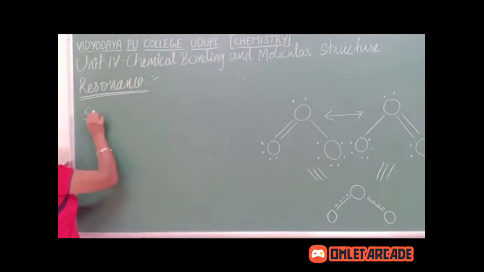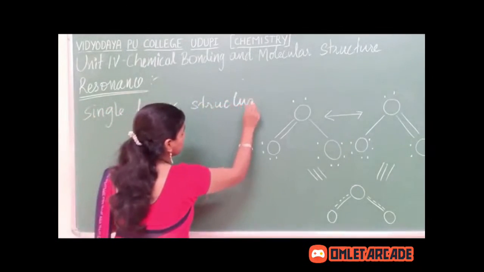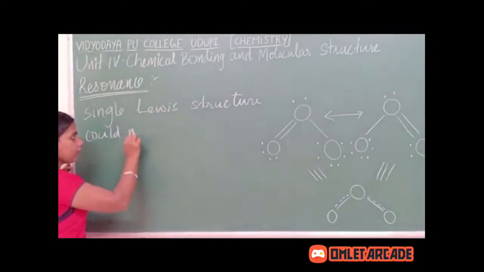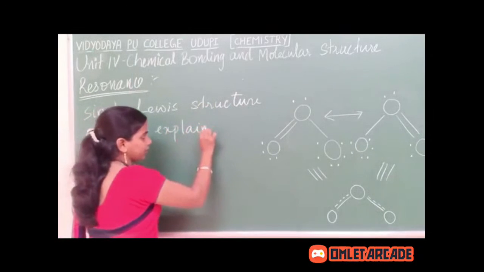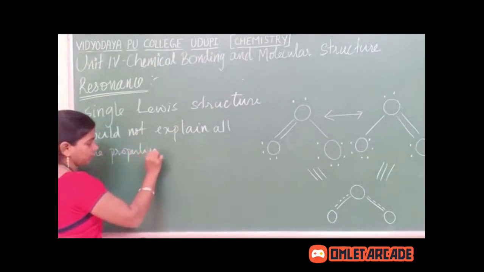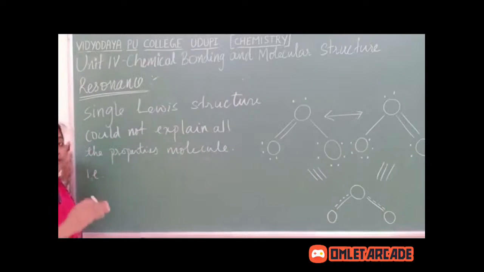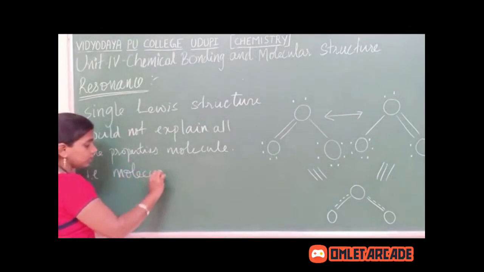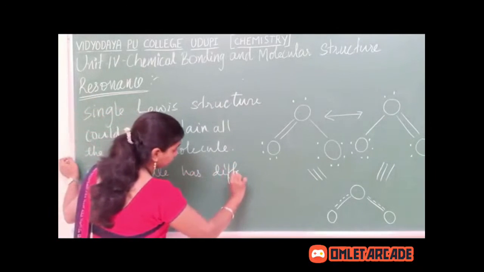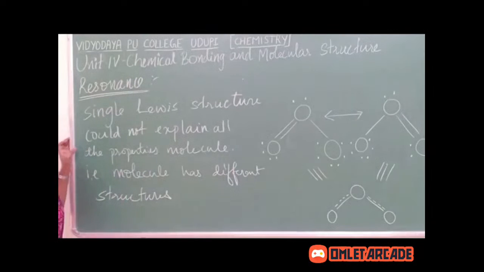A single Lewis structure could not explain all the properties of a molecule. It means that the molecule has different structures. A single Lewis structure could not explain all the properties of a molecule, indicating that the molecule has different forms or different structures.